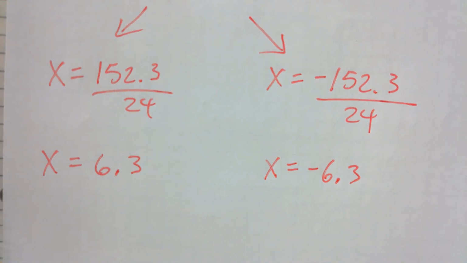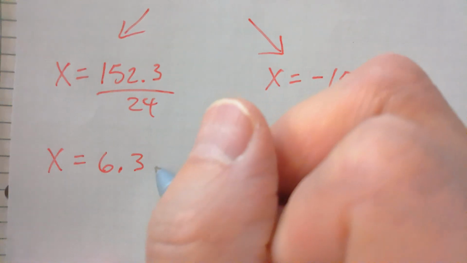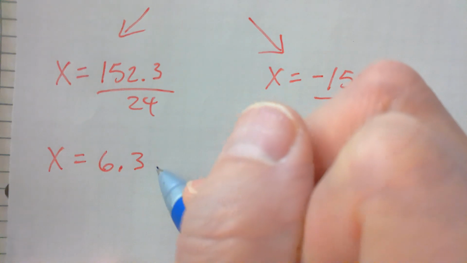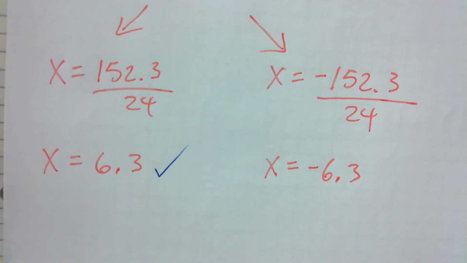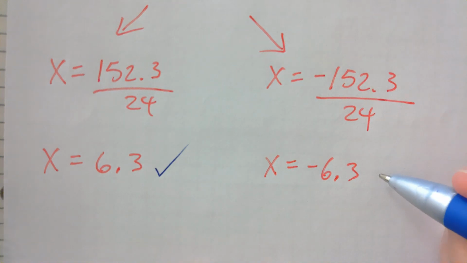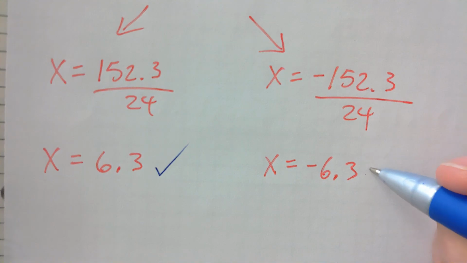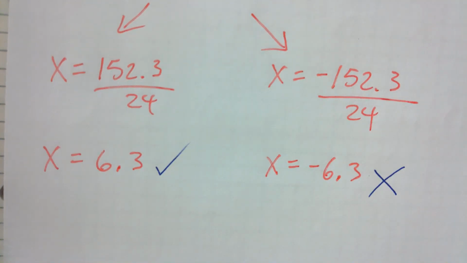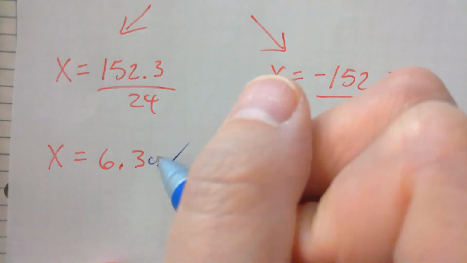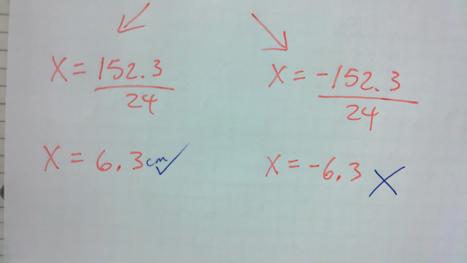Yes. The positive. Do I like this one? I personally like it. Okay, and do we like the negative? Well, it doesn't look too shabby. But can we have negative dimensions? No. So we reject this one. Okay, so then x is just simply x equals 6.3 centimeters.